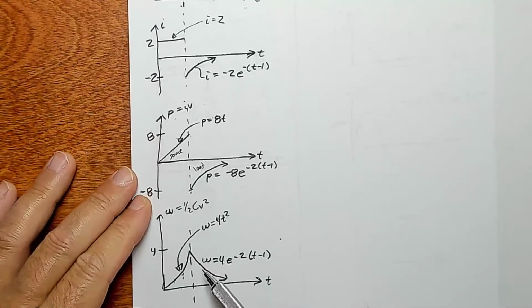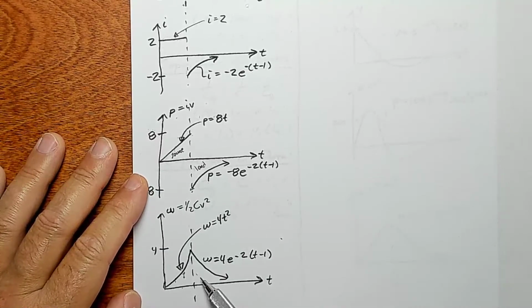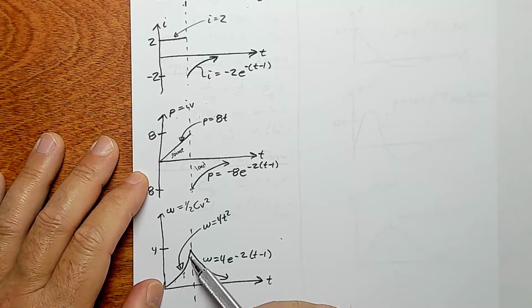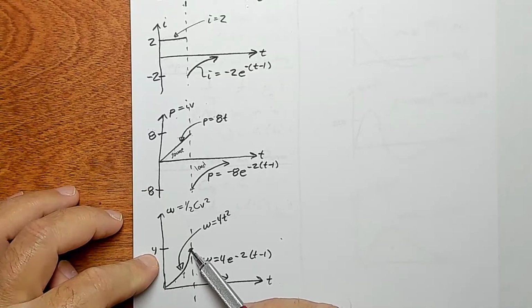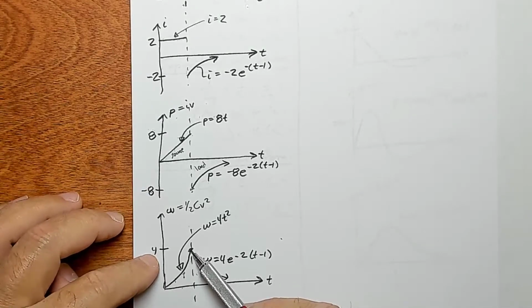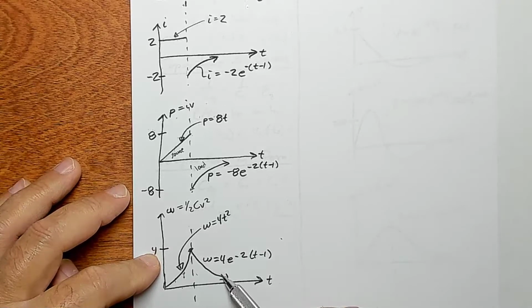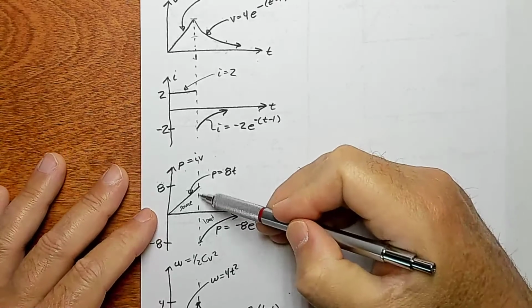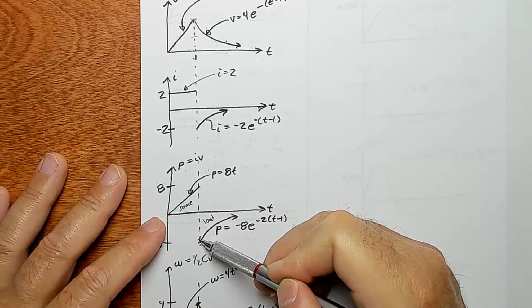And then lastly, the energy. Now the energy is the energy stored in the cap. So it's going to come up, and as it's coming into the cap, there's all this energy. There's four, I'm not sure if this is micro or nano or whatever, but it's 4 something joules. And then it starts coming out. So the power can flip direction, because here it's flowing in, and then it immediately starts flowing out.